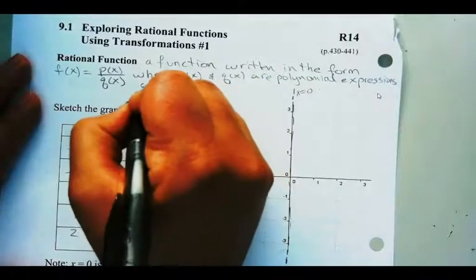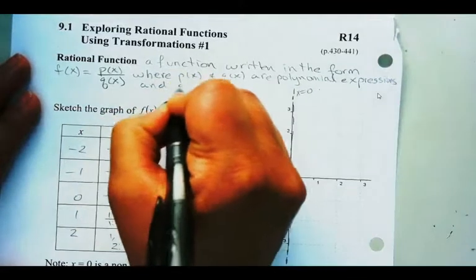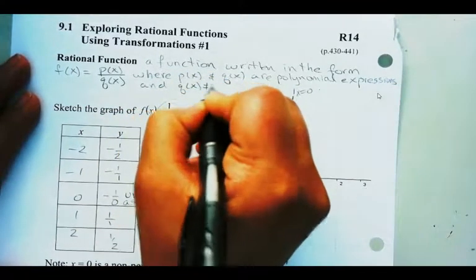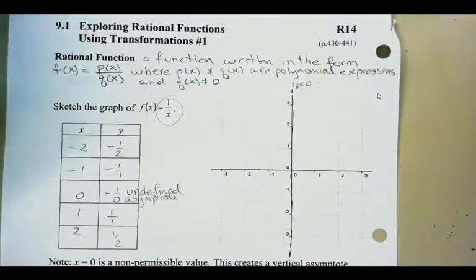And we also have to say that q of x can never be equal to 0, because then that would give us something that's undefined, and that's actually where our asymptote ends up.